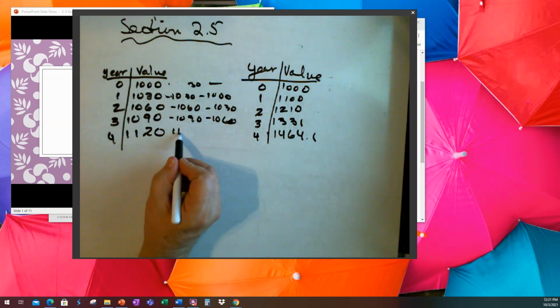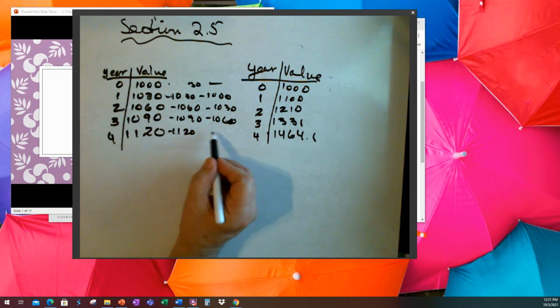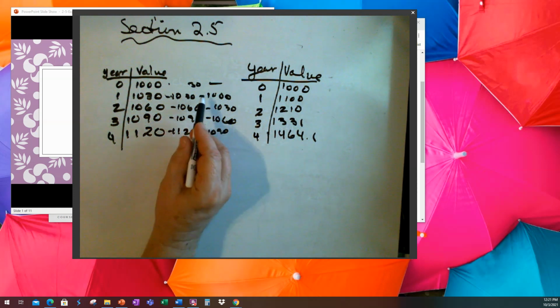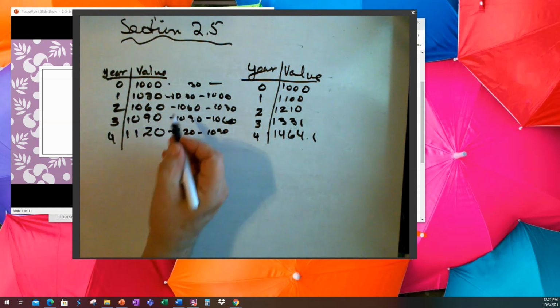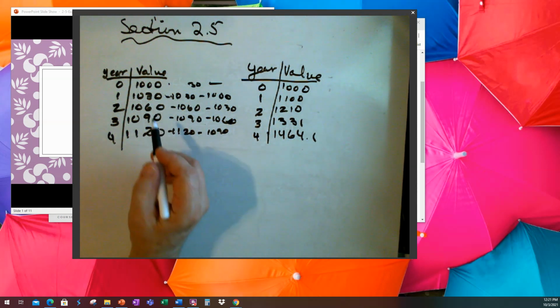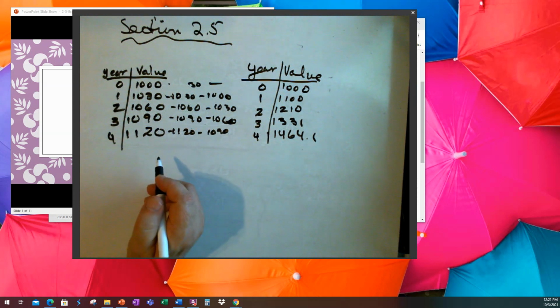And 1120 minus 1090, I again get 30. So I can figure out this pattern: it's just the previous plus 30.